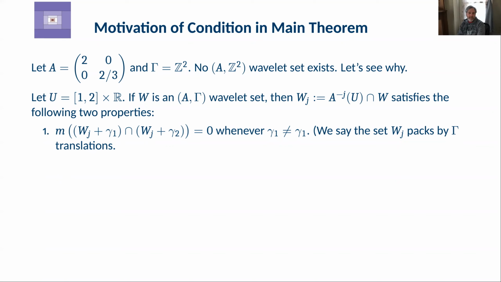So the starting point is, if you take the matrix diag(2, 2/3) and the integer lattice, then there's not a wavelet set. That's because, if we think back to our condition, A inverse gives these tall, skinny matrices, and we're expanding by 3/2 each time in the y direction.